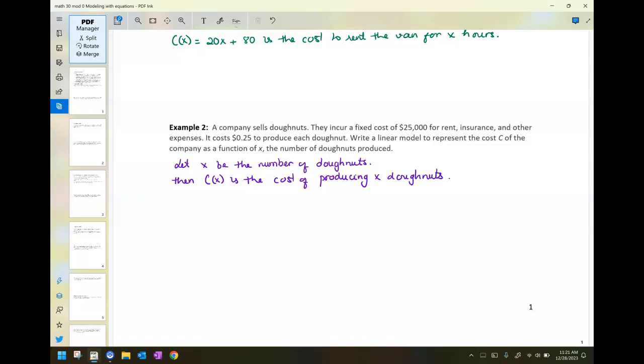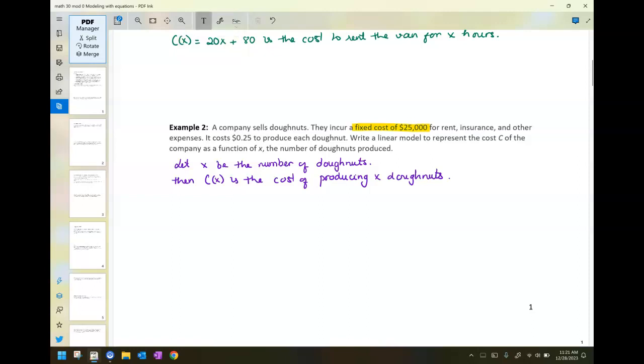Now let's read the problem again. A company sells donuts. They incur a fixed cost of $25,000. What does it mean, a fixed cost of $25,000? It means it doesn't matter whether the company produces donuts or not, they still have to pay $25,000 to begin with. And it costs 25 cents to produce each donut.